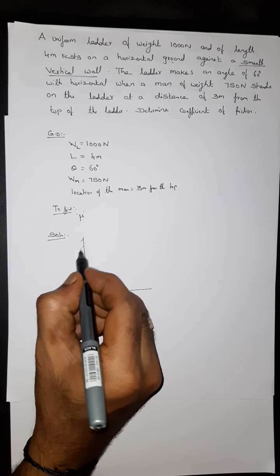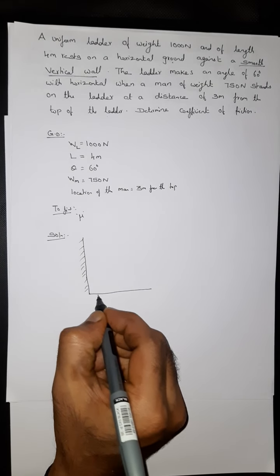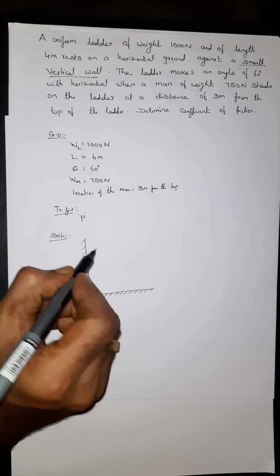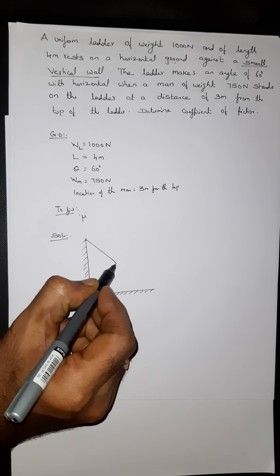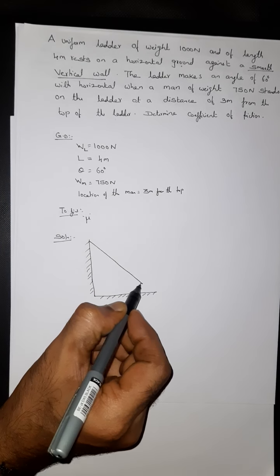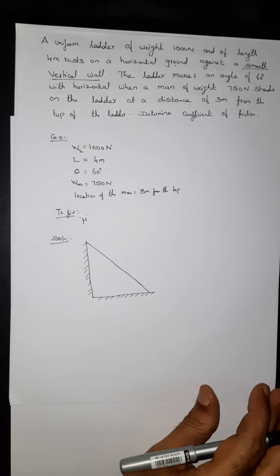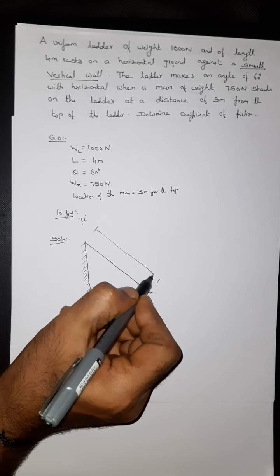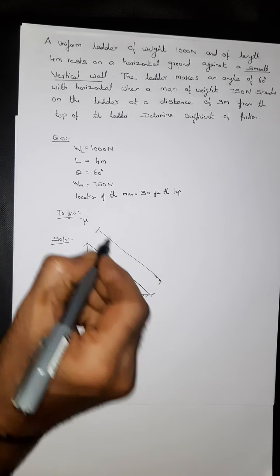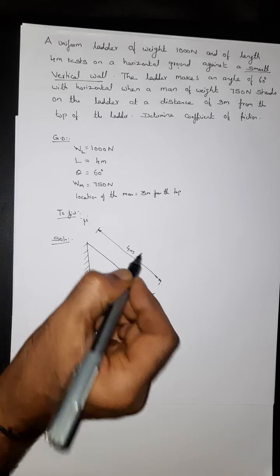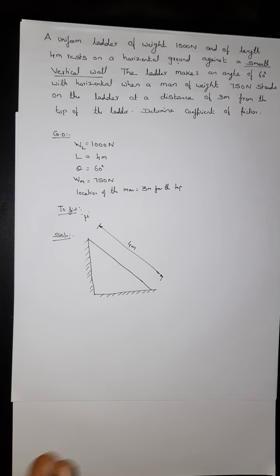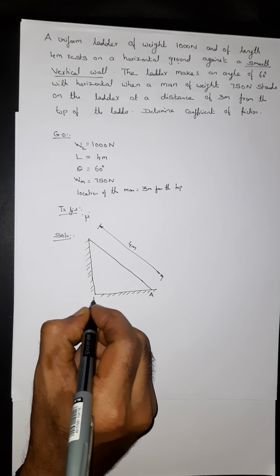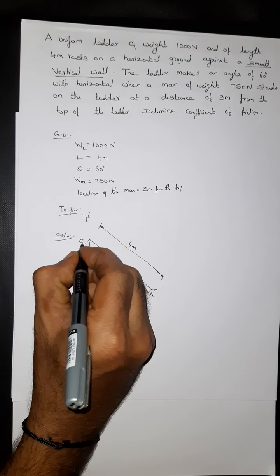So this is the wall and this is the ground or floor, you can call it. I am going to rest the ladder in this fashion. The total length of the ladder is 4 meter as given. Let me just give a naming for this: A, B, and C.